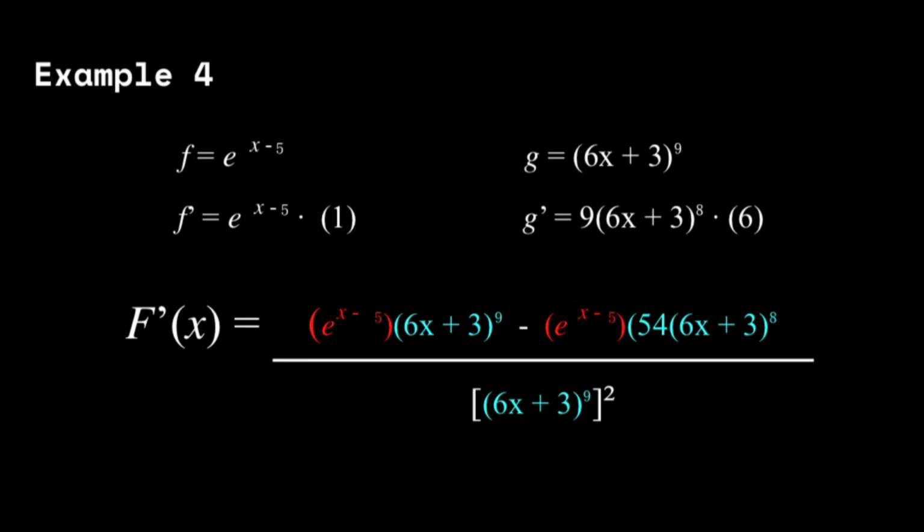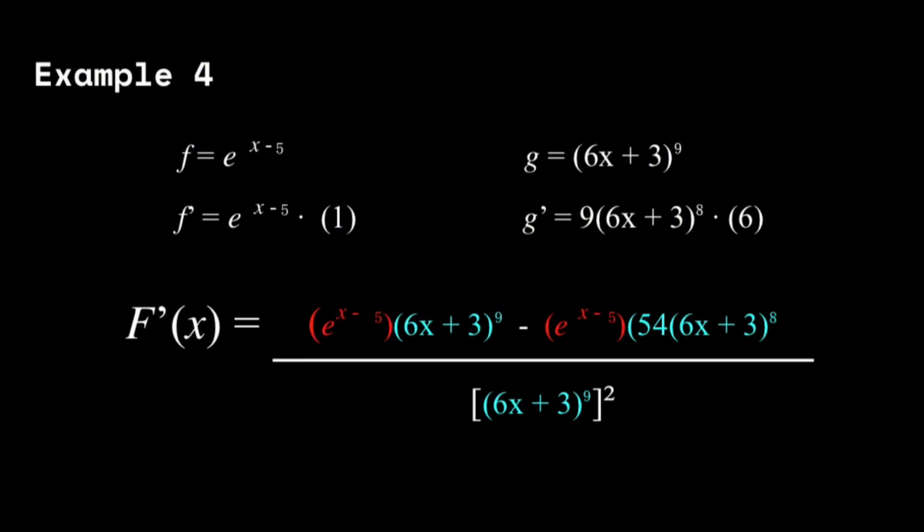So to put that all together, you begin by plugging in the f, g, f prime, and g prime into the quotient rule equation, and you'll be left with this. I also want to note that before I plugged in f prime and g prime, I simplified them and multiplied the derivative of the outside and the inside function.